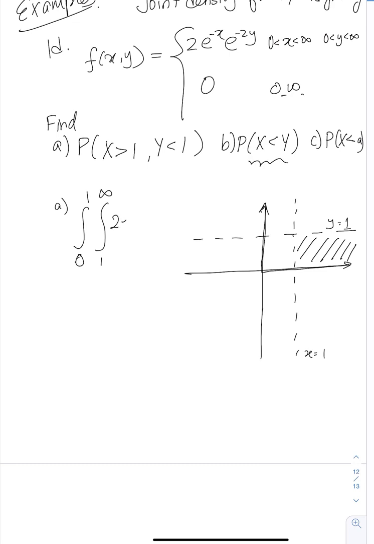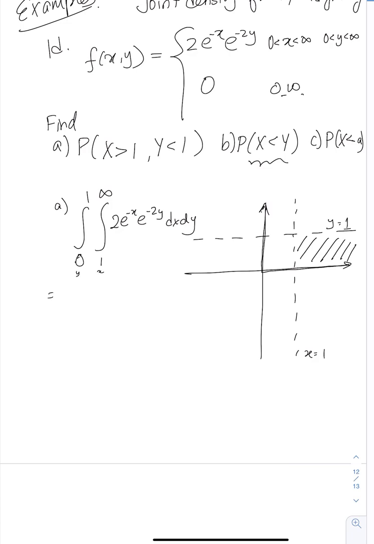And you integrate. You know that these are the x limits, these are the y limits.